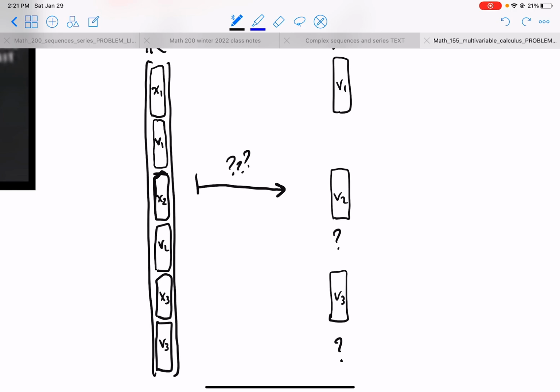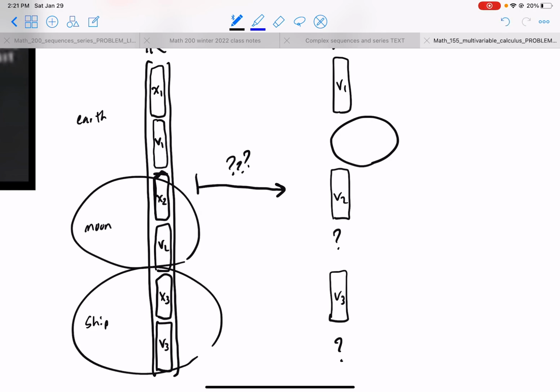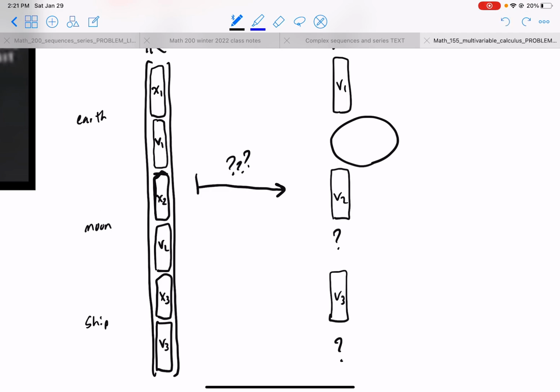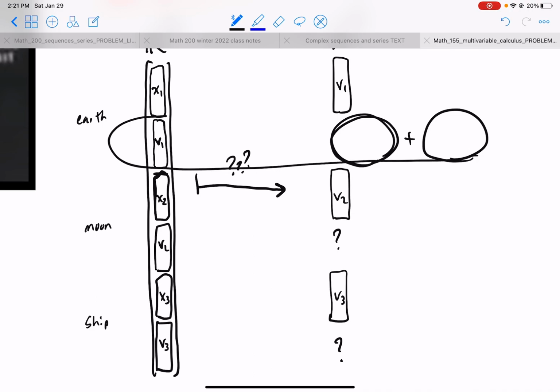It's going to be some part from, okay, so what is this? This is the Earth. This is the moon. This is the ship. The Earth's velocity is going to change by acceleration due to the moon and acceleration due to the ship. So there'll be a moon part and a ship part. That's how the velocity of the Earth will be changing.